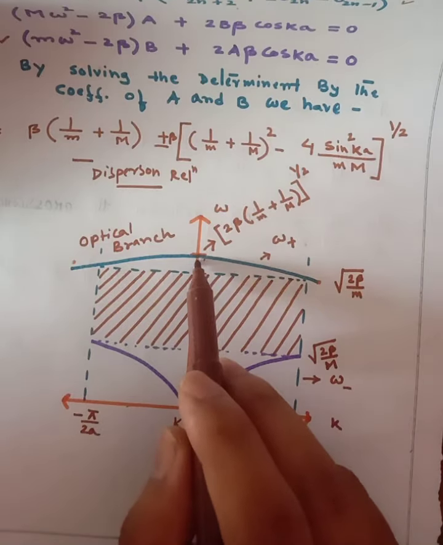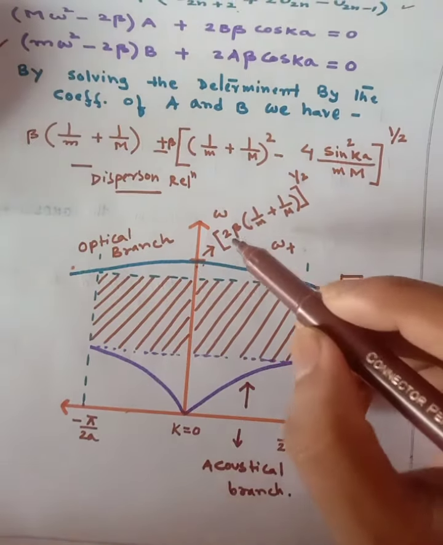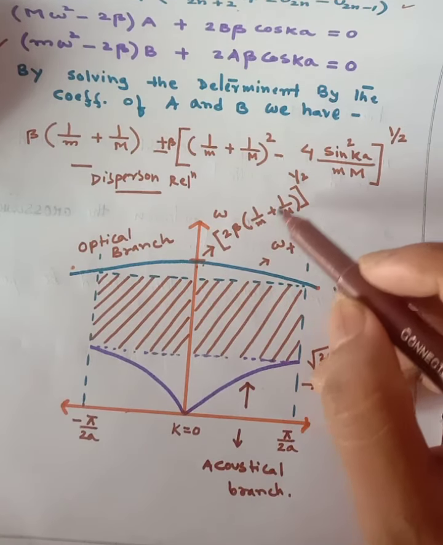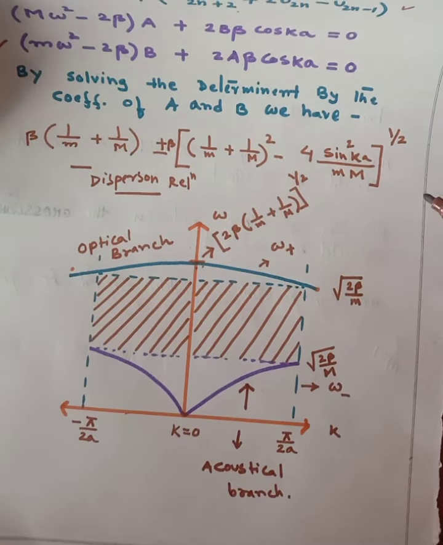The maximum value of the optical branch is given by root over 2 beta times 1 by m plus 1 by M, whole to the power half.